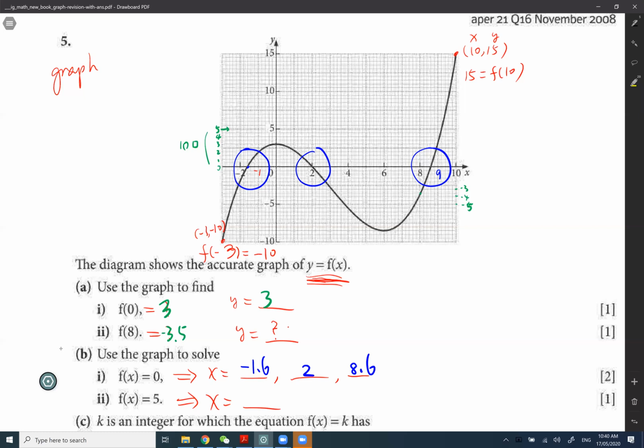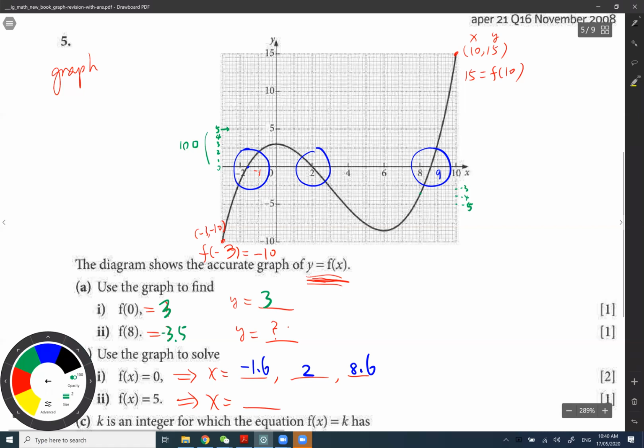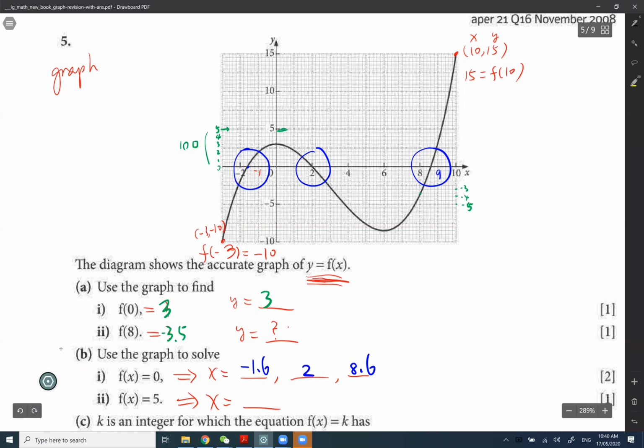Okay, f(x) equals 5. Which point on the graph has y value equals 5? Y value equals 5, so x value equals 9.2.